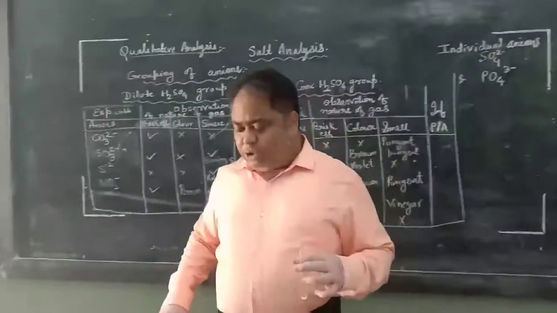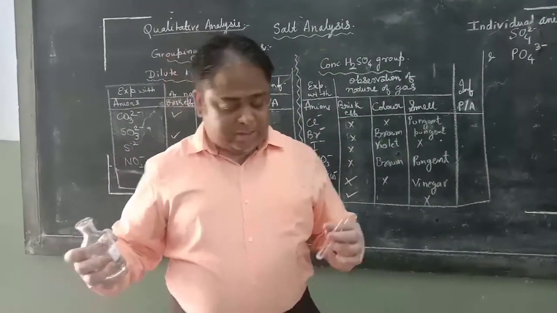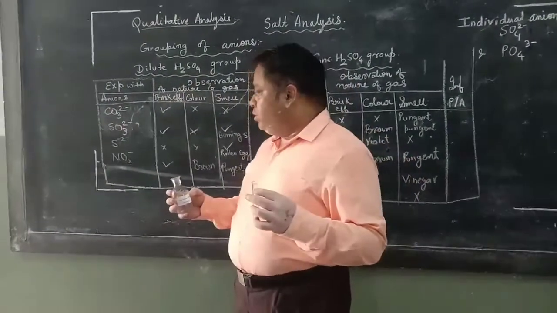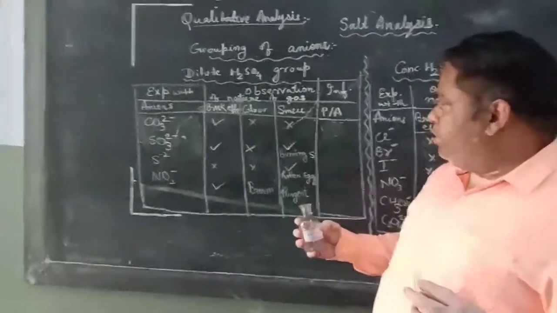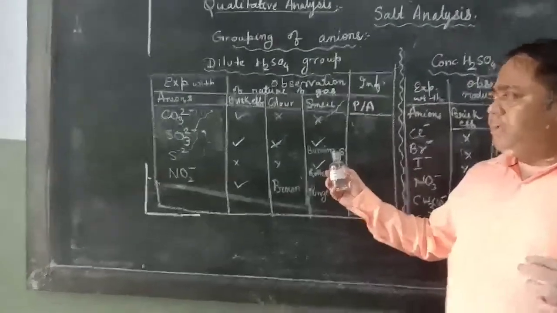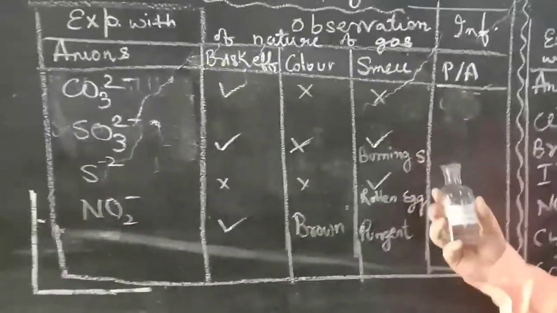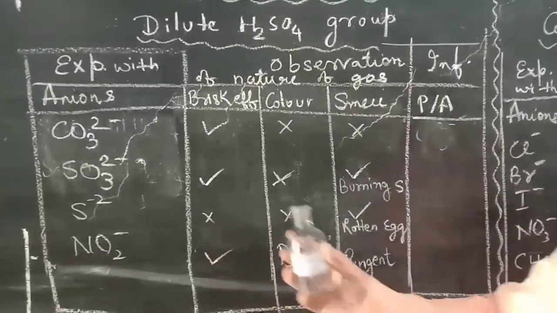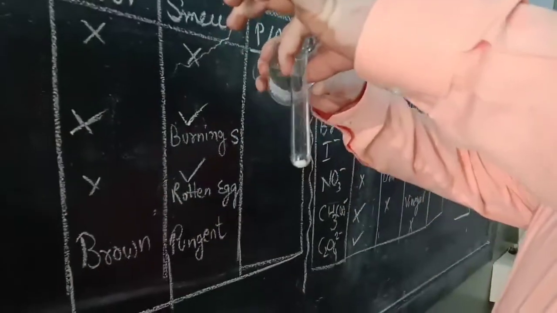We expect that SO2 gas should come out when we will put dilute sulfuric acid in this. If SO2 gas will come out, then burning sulfur like smell will be there, and brisk effervescence will also be there. So I am putting dilute sulfuric acid in this.